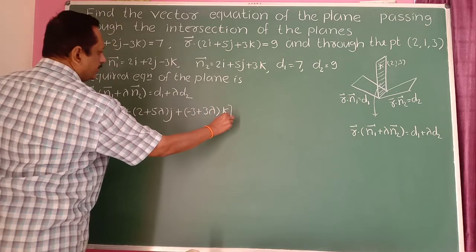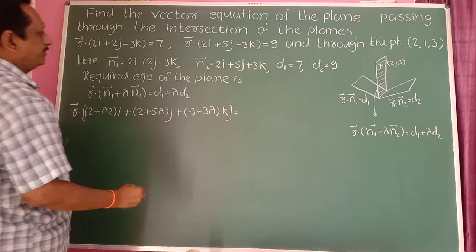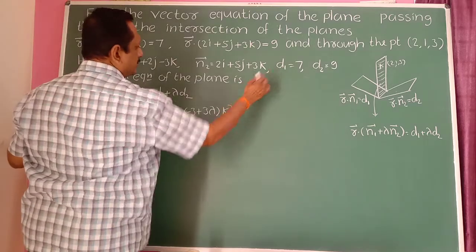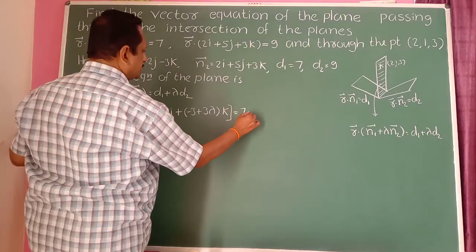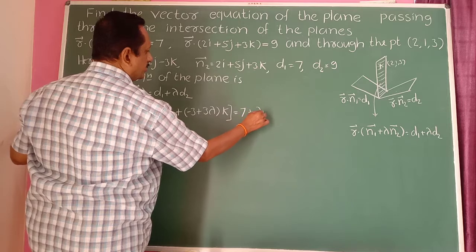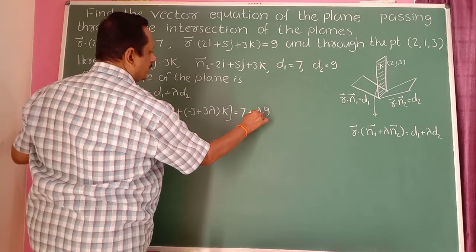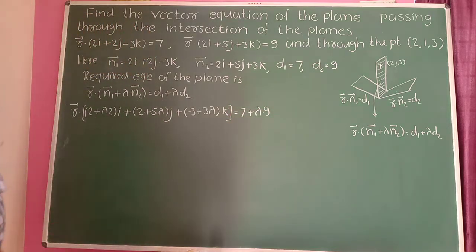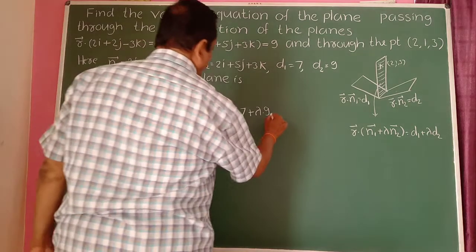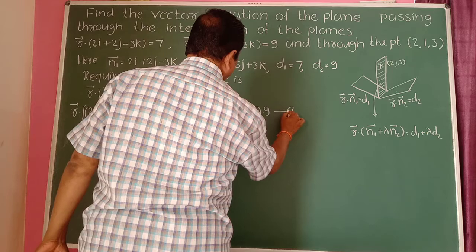Bracket complete. That is equal to d1, which is 7, plus lambda into 9. Take this as equation number 1.